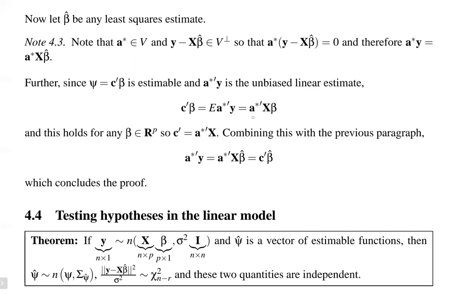This holds for every beta, and we therefore realize that c prime has to be equal to A star prime X. For these to be equal for all betas, the vectors must be the same. So in other words, we have the same value of A star prime y as we would get from c prime beta hat for any beta hat, any least squares estimator that we want.